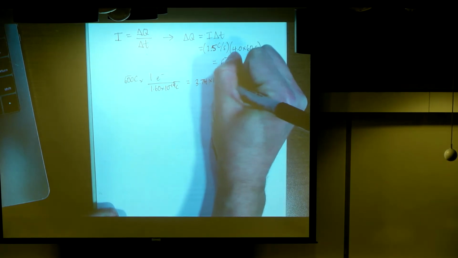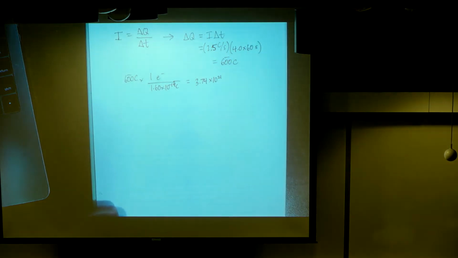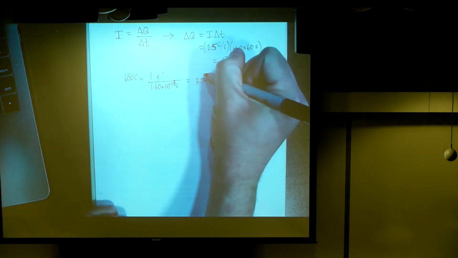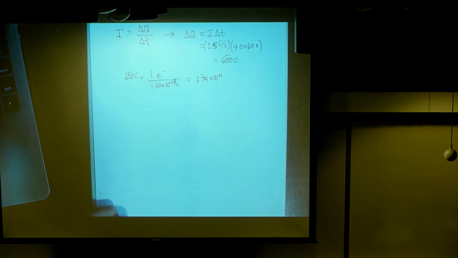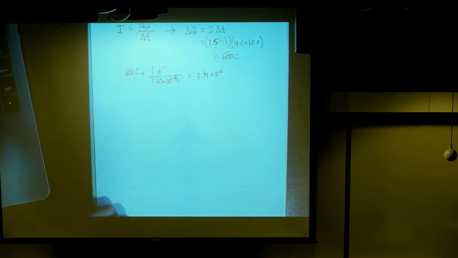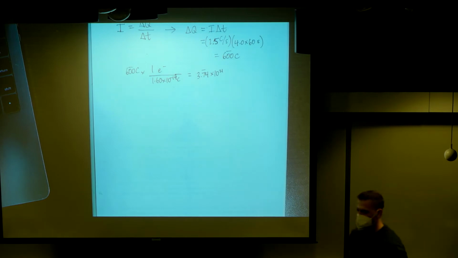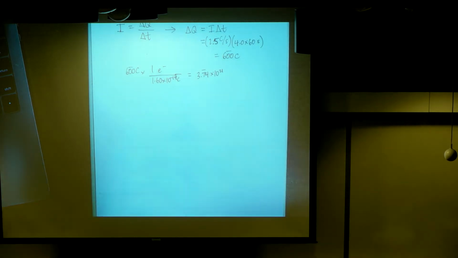We'll want to round that to the 2 sig figs here. So something like 10 to the 21 electrons. Very, very large number. All right, any questions on how we did this? All right, sounds good. Let's keep going.